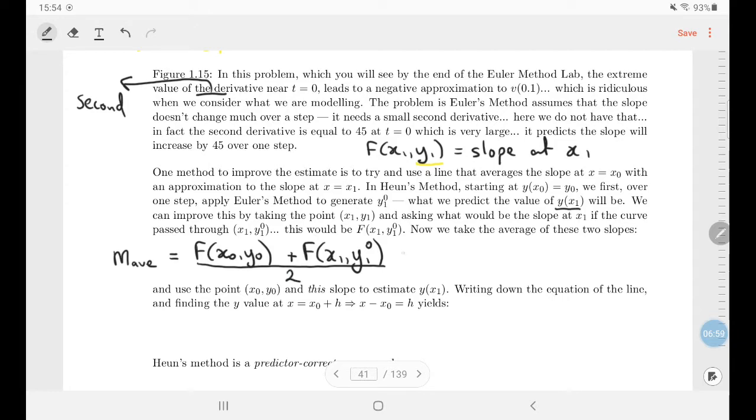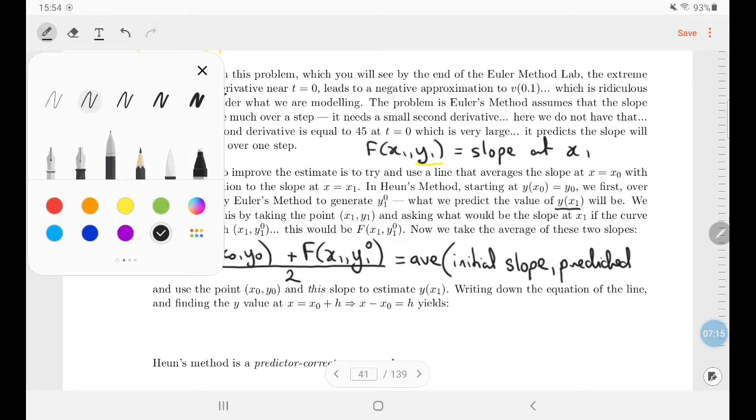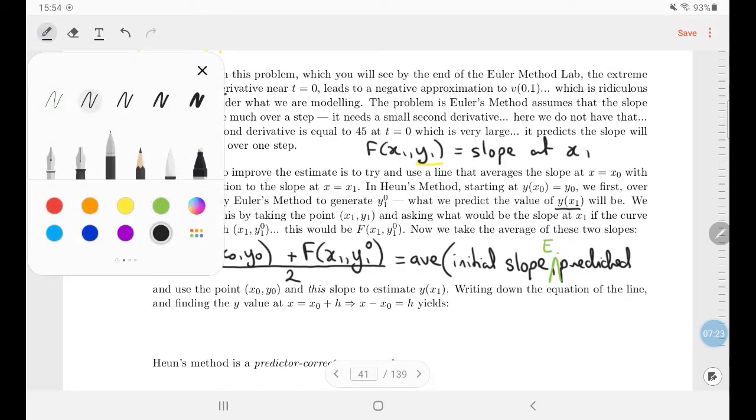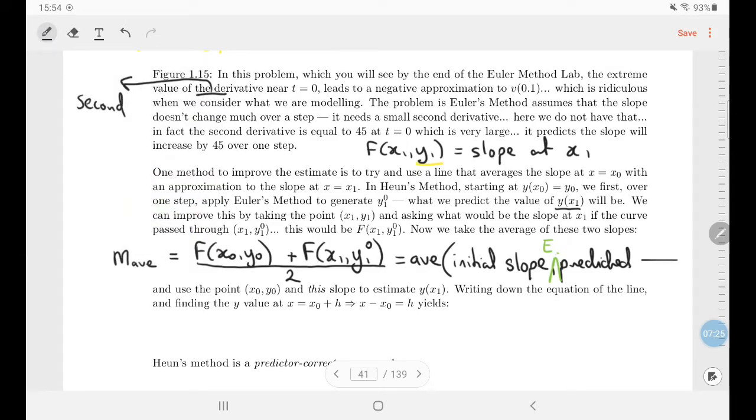So this is the average of, I'll say, the initial slope and the Euler predicted next slope. Let's write E there for Euler. Now I'm just going to write y dashed for slope, k plus 1 for next, because I'm running out of space.